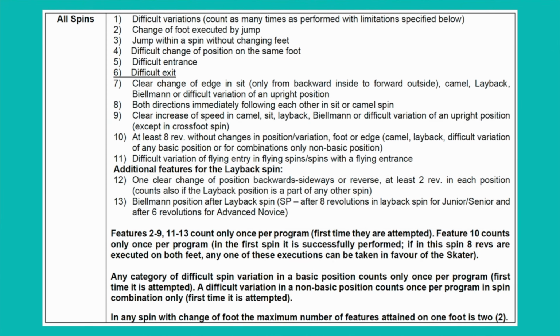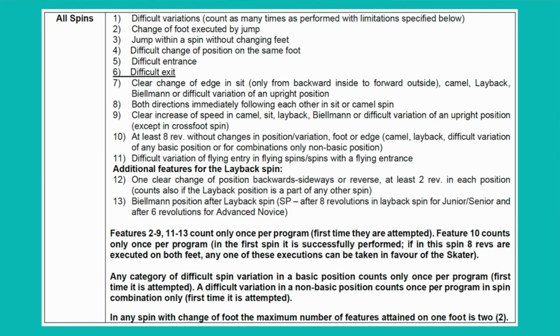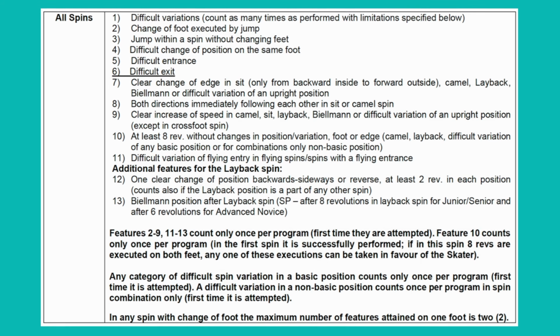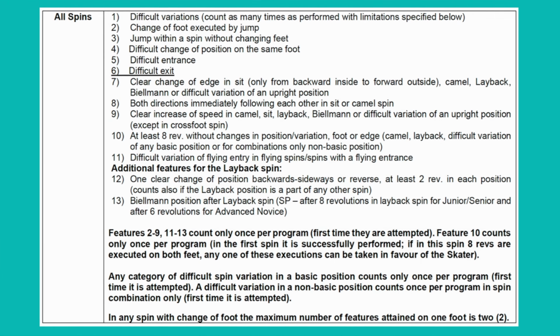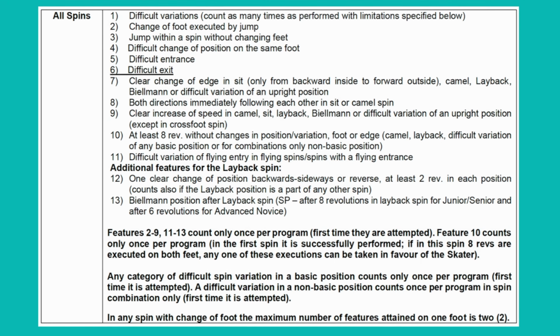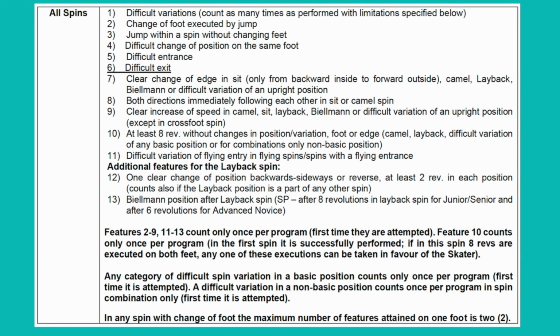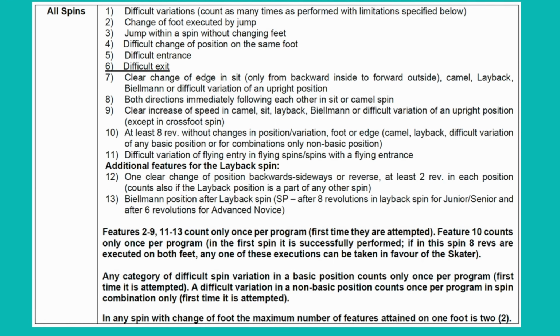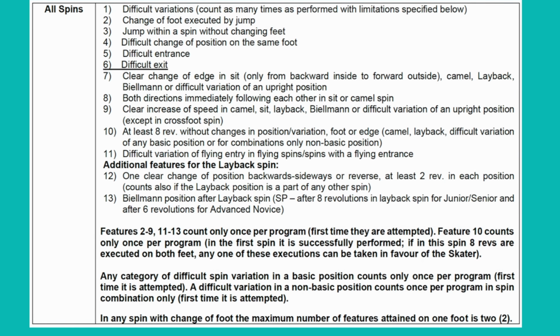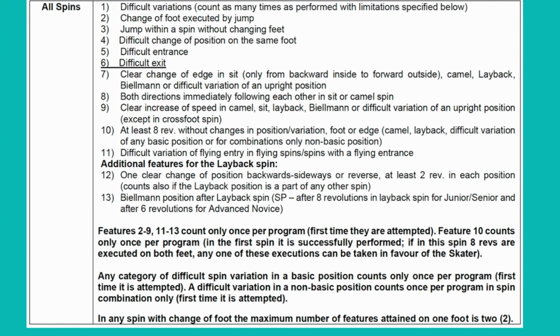Change of foot executed by a jump. Jump within a spin without changing feet. Difficult change of position on the same foot. Difficult entrance, difficult exit. Clear change of edge in a sit spin, only from backward inside to forward outside. Camel, layback, Biellmann, or difficult variation of upright position, both directions immediately following each other in a sit or camel spin.